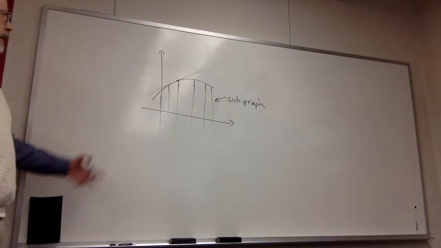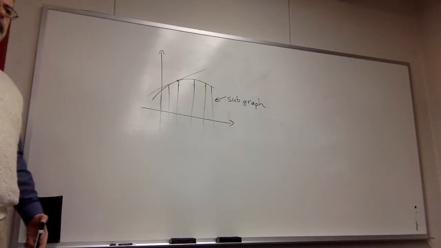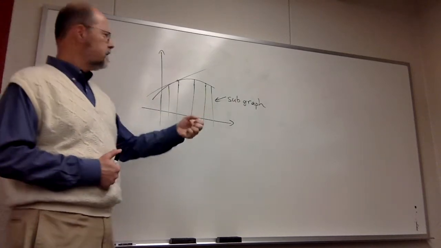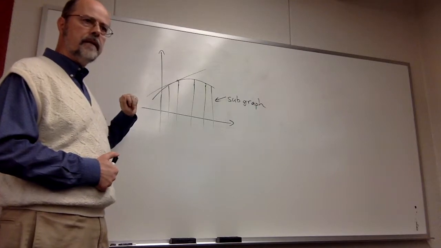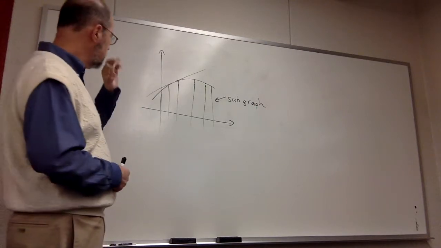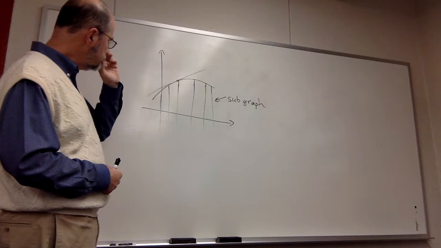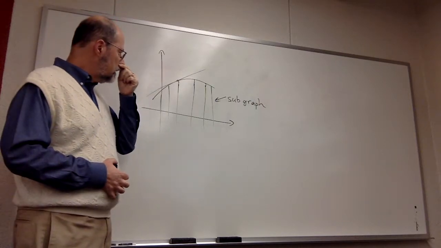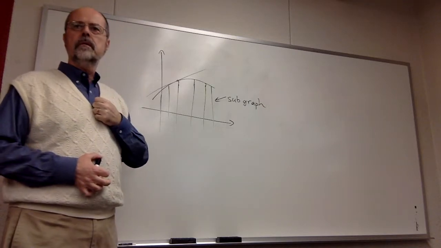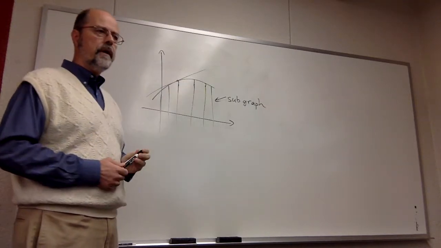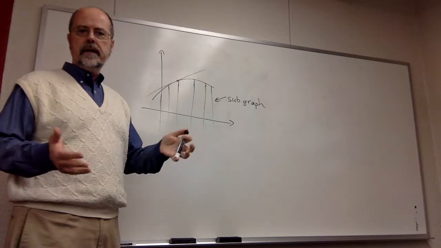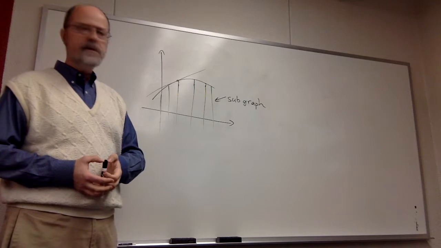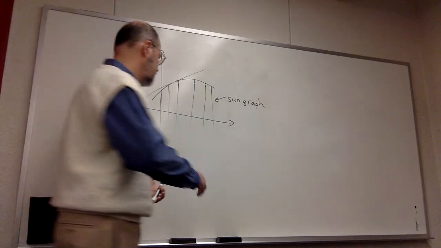Now, in this picture, the convexity of the subgraph gave us the tangent hyperplane, but it was not telling us anything new, because this is a differentiable function the way I drew it. And all I needed to do was just take the derivative there, and then you know the tangent.